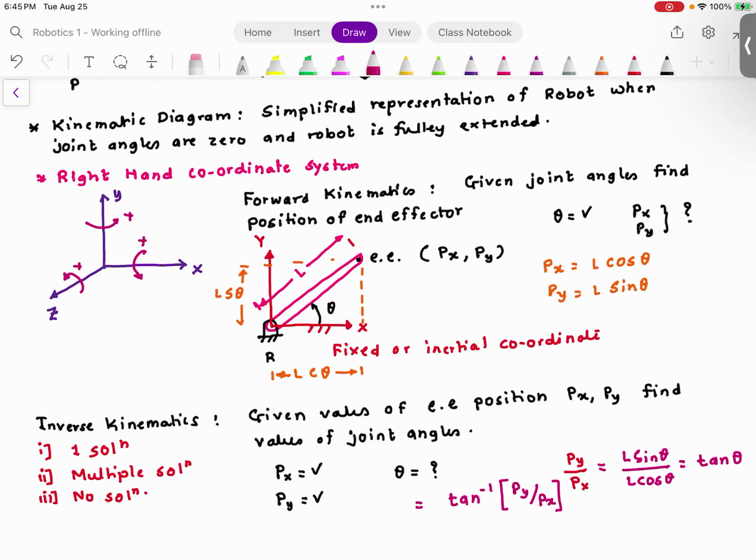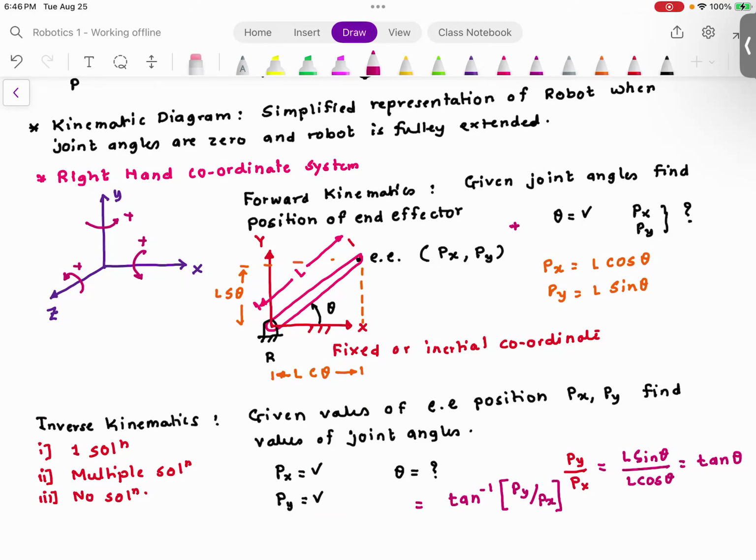Now please understand, for certain values tan is undefined. One thing I want to tell you is, imagine if I give you Px and Py which is outside the robot work envelope, physically the robot cannot reach that Px and Py. So clearly there is no solution.